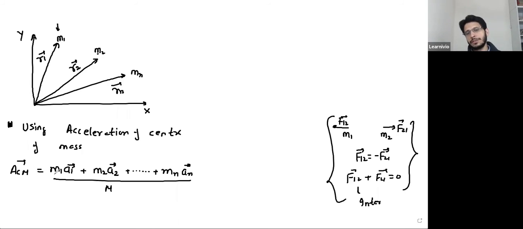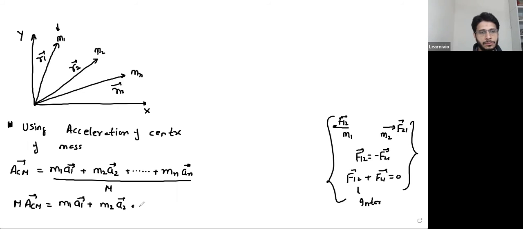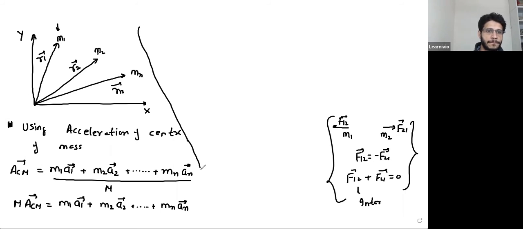You can multiply this m with this ACM, so mass m with the acceleration of center of mass equals m1a1 plus m2a2 plus mnan. This is the mass of the system multiplied by the acceleration of the center of mass of the system.